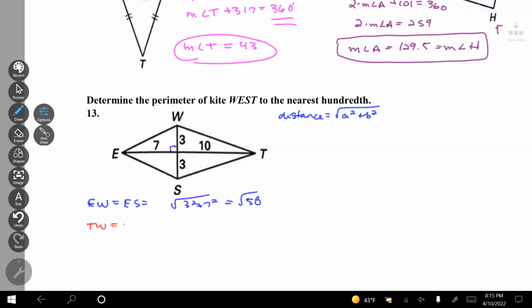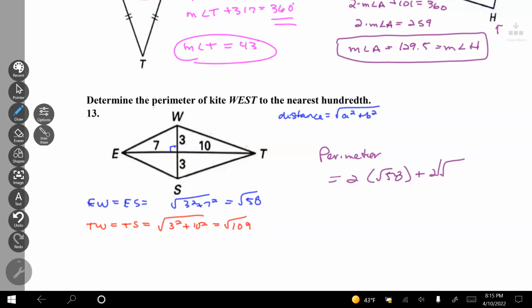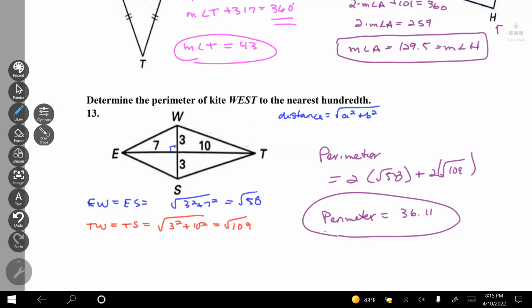And TW, which is the same as TS, is equal to the square root of 3 squared plus 10 squared, which is the square root of 109. And my perimeter equals 2 times the square root of 58, because I have 2 of those sides, plus 2 times the square root of 109. I have 2 of those sides. If I round it to 2 decimal places, my perimeter will equal 36.11 when I put that all into my calculator.